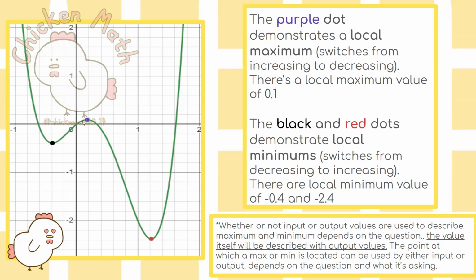Unless it says otherwise, we're going to use our output values. So for instance, our local maximum is 0.1, which is right here. And our local minimums are negative 0.4 and negative 2.4. So we're using our output values. Keep that in mind. Of course, this doesn't apply if it asks for our x values.